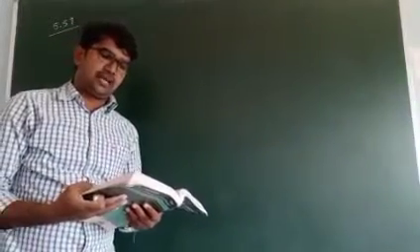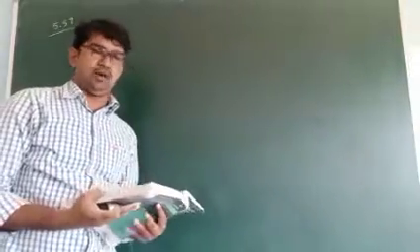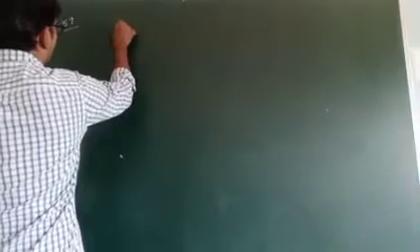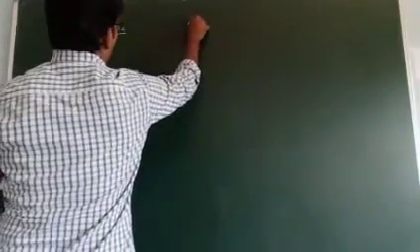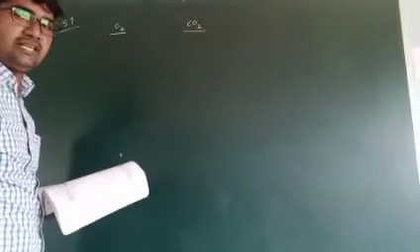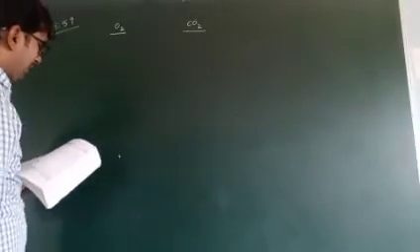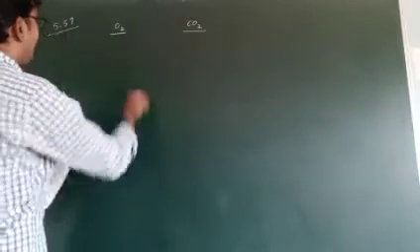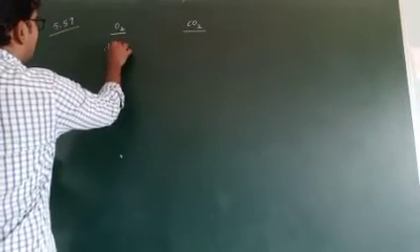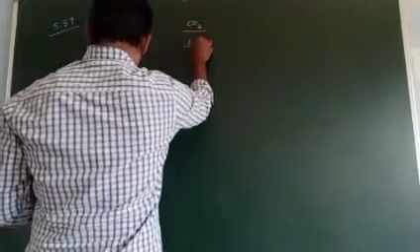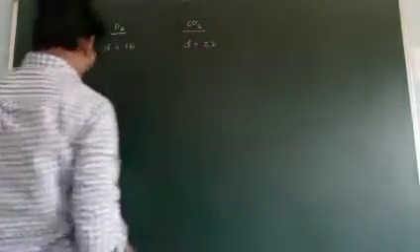5.57. The relative densities of oxygen and carbon dioxide. Two gases are given, one is oxygen, another one is carbon dioxide. The relative densities of oxygen and carbon dioxide are 16 and 22 respectively.